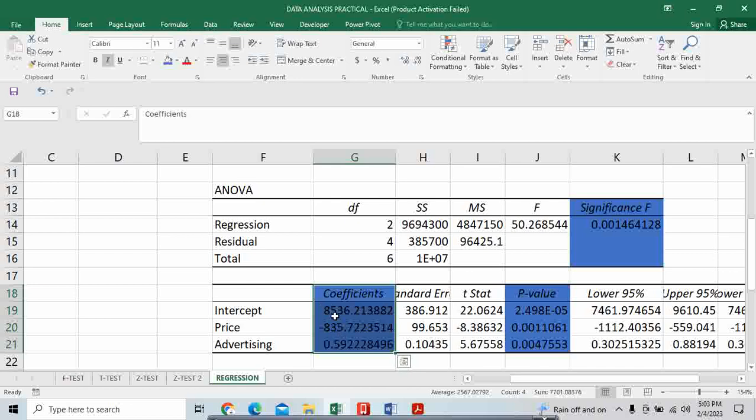But for each unit increase in advertising, quantity sold is going to increase by this value. So it means that if we invest more in advertising, we are going to boost our business by 0.5.